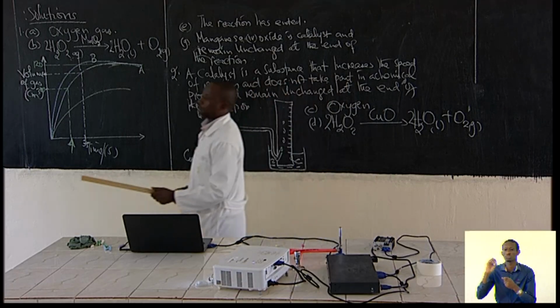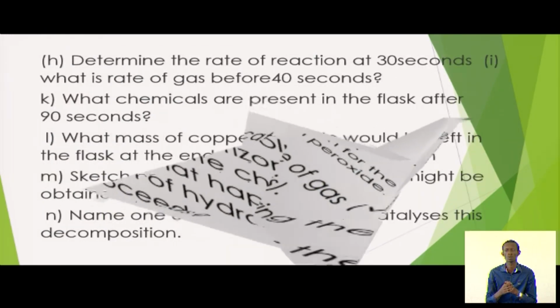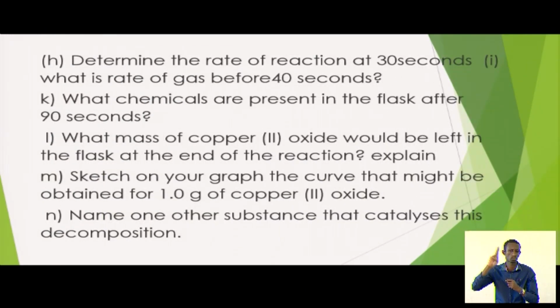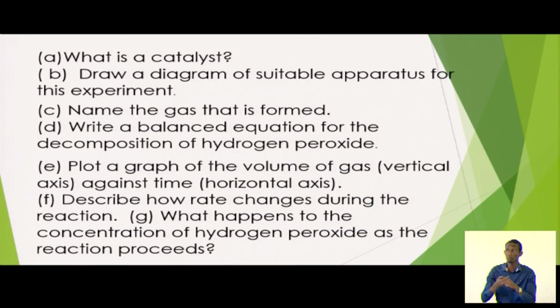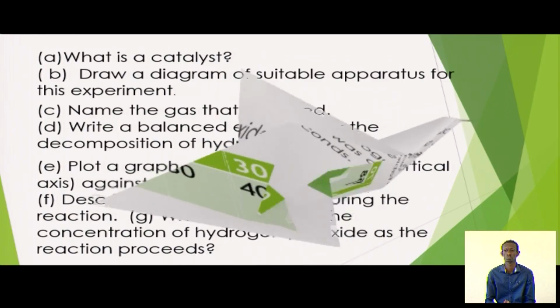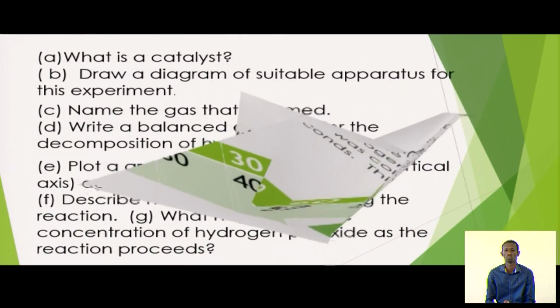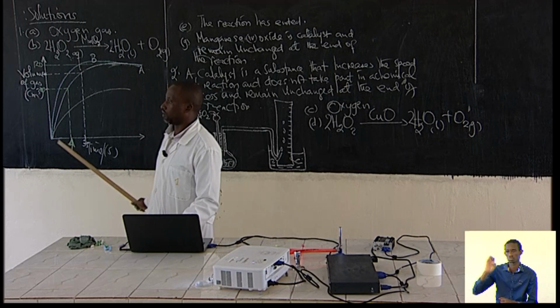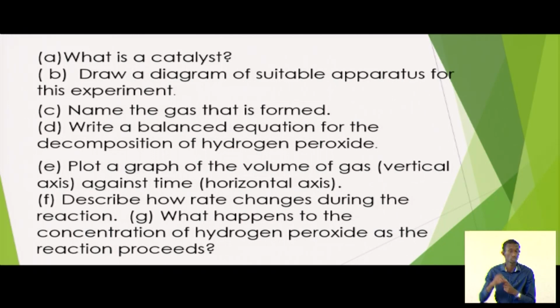And then you plot a graph of the volume of the gas. I said you already have the sketch graph of that reaction. The sketch graph is similar to this one, a sketch graph against time.